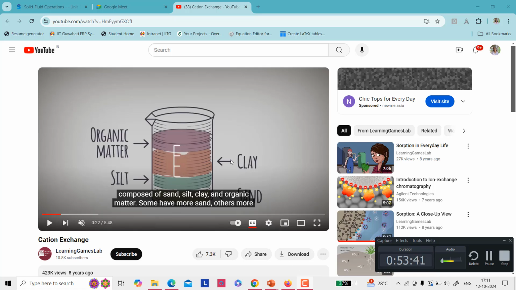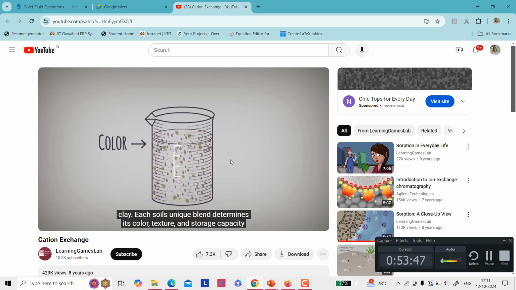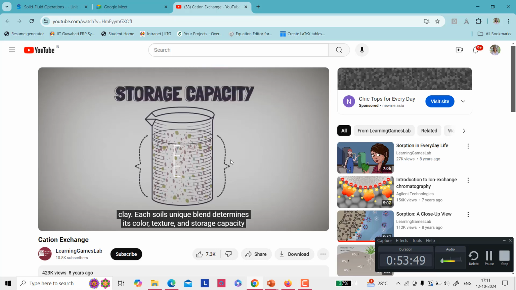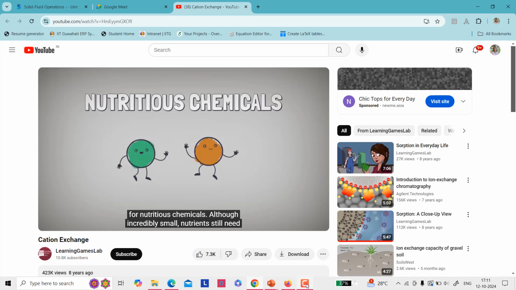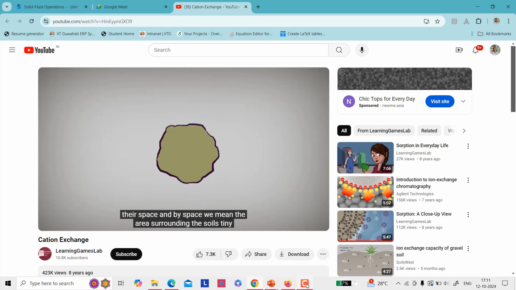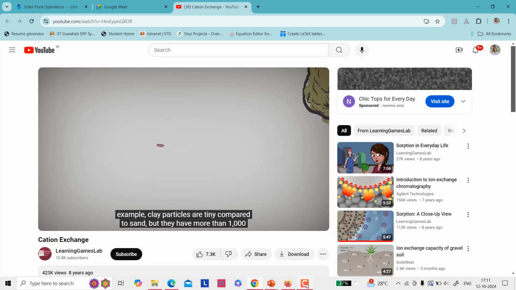Basically, cation exchange involves positively charged mobile ions available for exchange, and when it has negatively charged ions for exchange, that is called anion exchange. Okay. So you can see here it is telling a story about what cation exchange is.